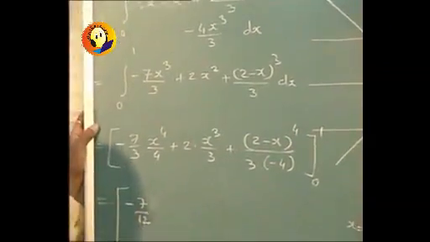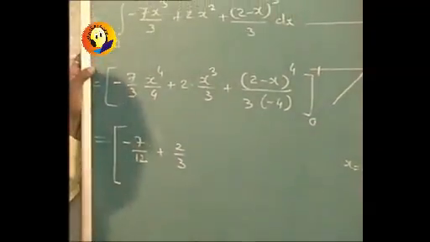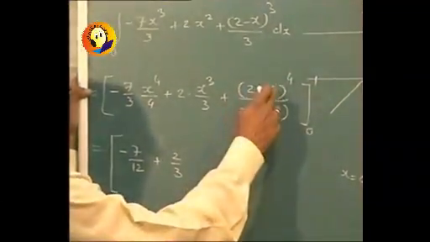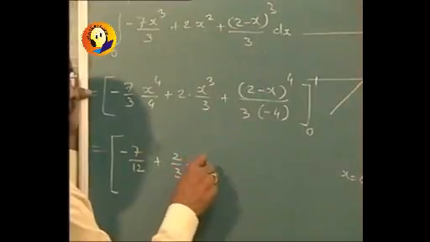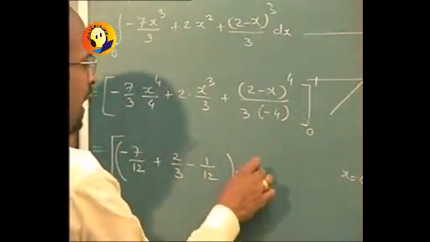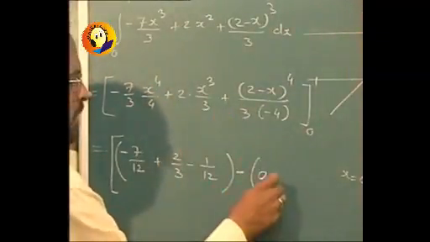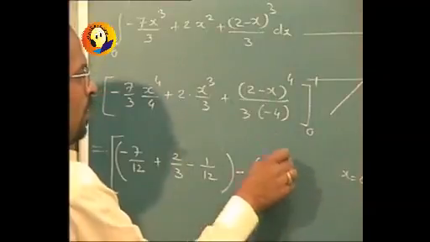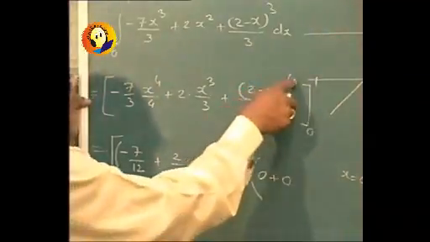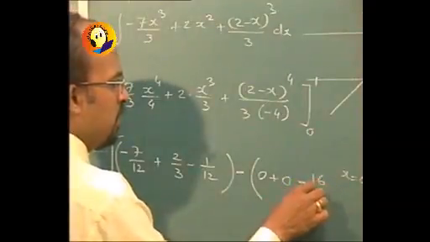I am substituting x equal to 1, plus 2 by 3 as second term, and the third term it will be 2 minus 1 means 1, so it is minus 1 by 12 as the third term. Minus at lower limit, when you substitute x equal to 0, first term is 0, second term is also 0, whereas third term will be 2 raised to 4 upon minus 12, that is minus 16 by 12.